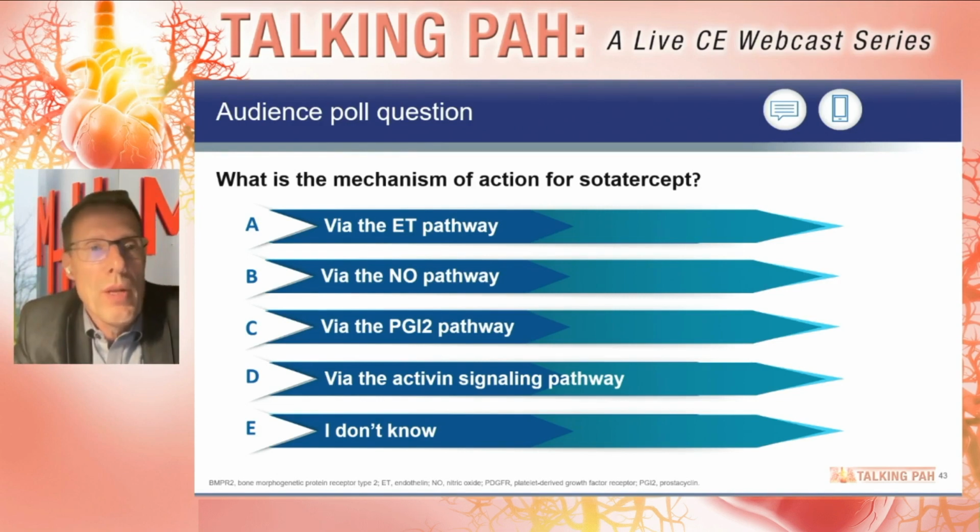It's fairly new, but the majority is on the activin signaling pathways. And in fact, this will be the official term of this new class of drugs, which will be called activin signaling inhibitors. So this is how they will be called in the future, activin signaling inhibitors.